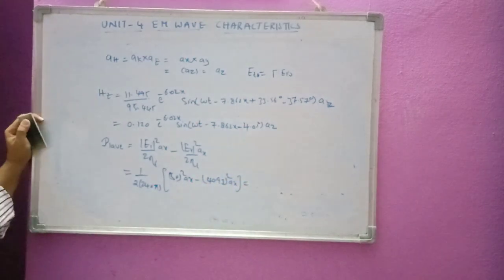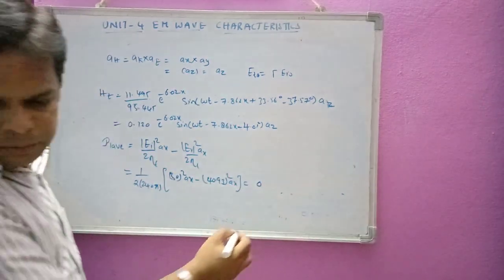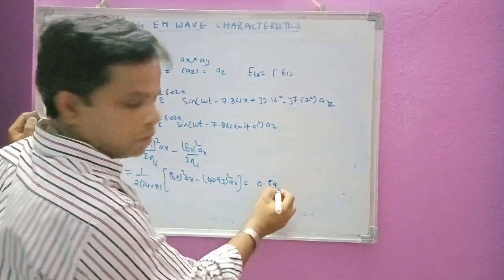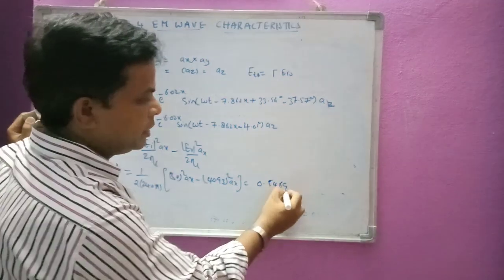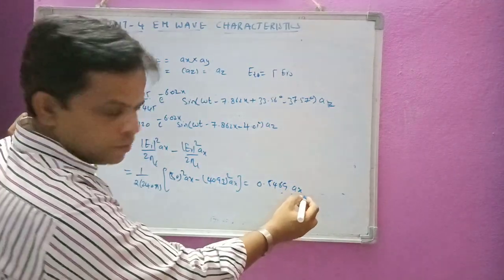This will give a value of 0.5469 a_x Webers per meter square.